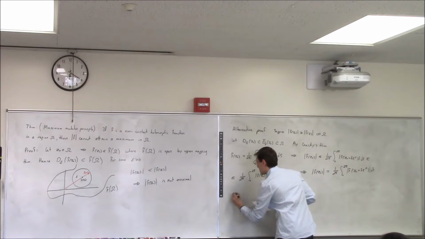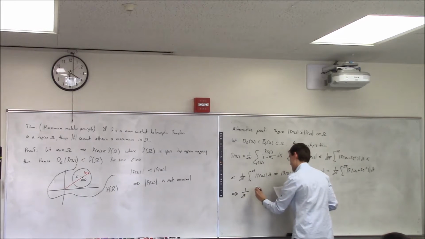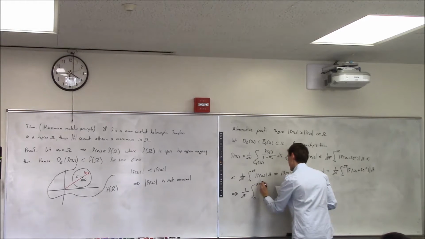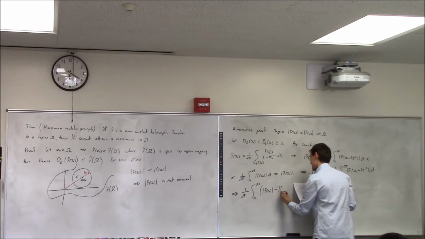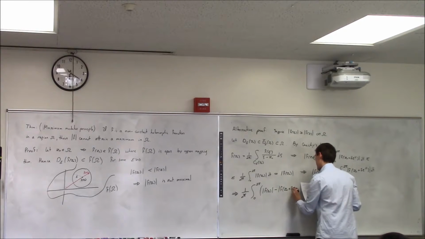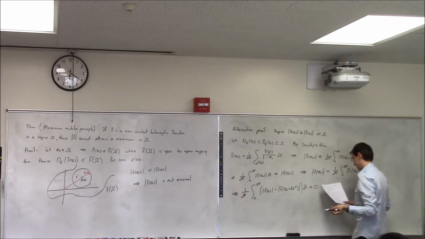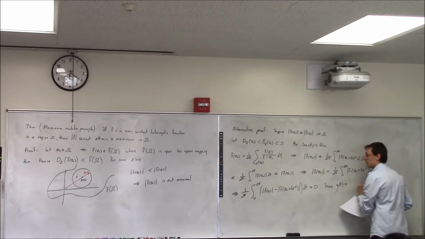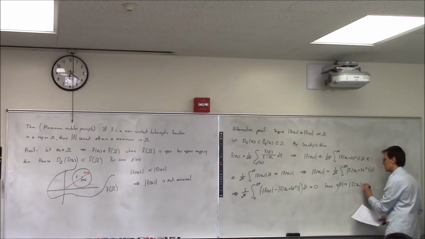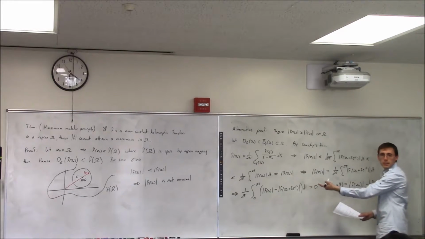And the consequence of that is that 1 over 2 pi integral from 0 to 2 pi of the modulus of f of z0 minus the modulus of f of z0 plus delta e to the it dt is equal to 0, since g of t, equal to the modulus of f of z0 minus the modulus of f of z0 plus delta e to the it, is continuous. It's a continuous function I'm integrating.